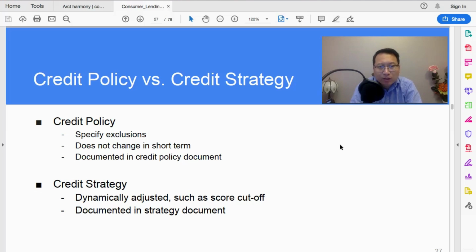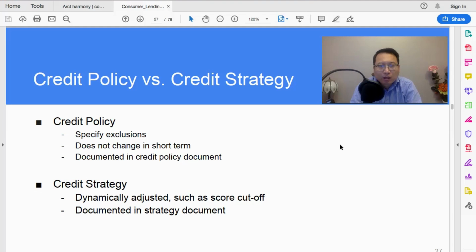Versus the credit strategy, which is usually more dynamically adjusted, right? So, for example, as you will see, we have a credit score as one of the decision elements. That could be subject to changes pretty often, maybe once every few months based on the business need and the macroeconomic environment, and usually they are documented in a separate strategy document.